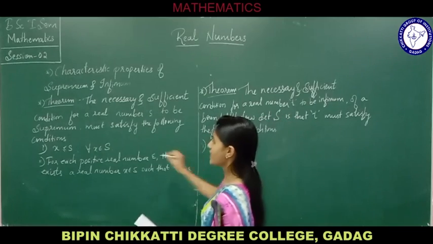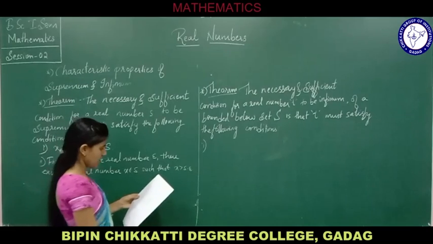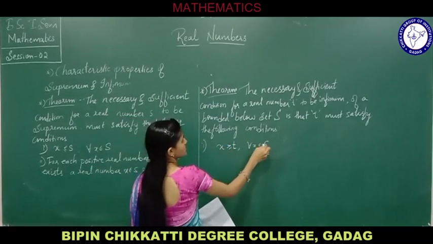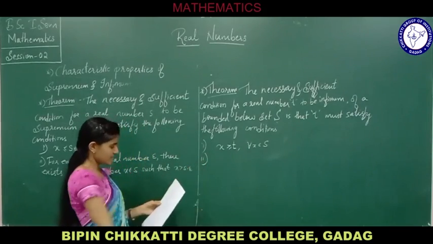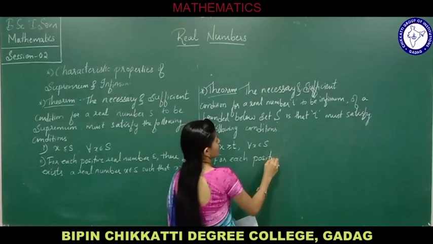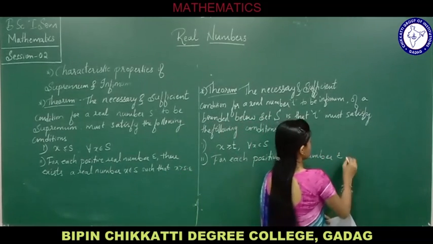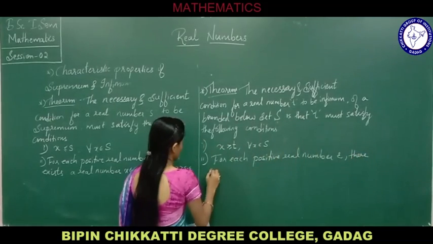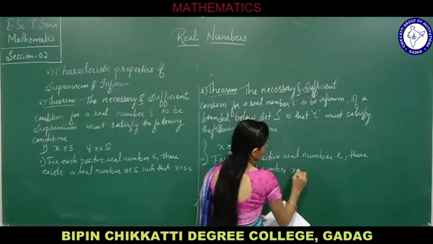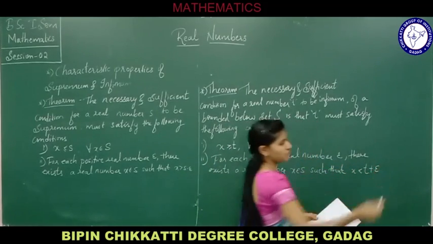The first condition is that x should be greater than or equal to t for all x belongs to this set S. And the second condition is that for each positive real number epsilon, there exists a real number x belongs to S such that this number x should be less than t plus epsilon.